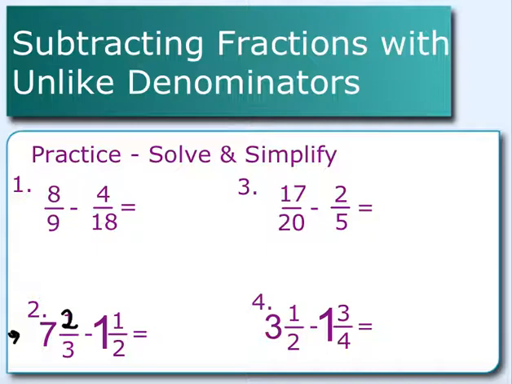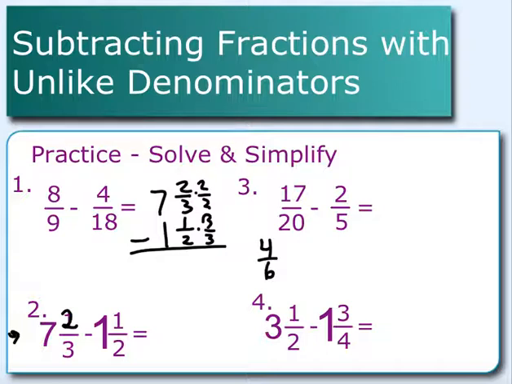Because if we look at this, 7 and 2/3 minus 1 and 1/2. Well, I can change that 2/3 to having a common denominator of 6. So I'm going to multiply by 2 over 2, multiply this by 3 over 3, and actually we are subtracting, I'll write it over here, 4 over 6 minus 3 over 6.